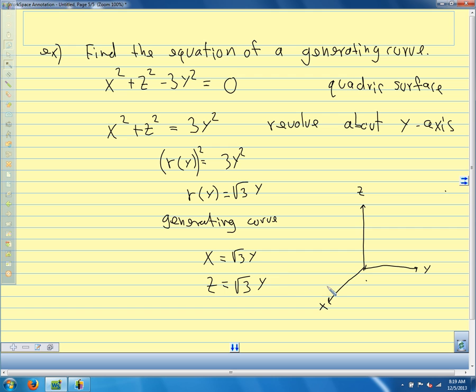It's a line, and our slope is square root of 3. I'm just going to draw a line here. There's our line. If we rotate a line about the y-axis, what kind of shape do we get? A cone.